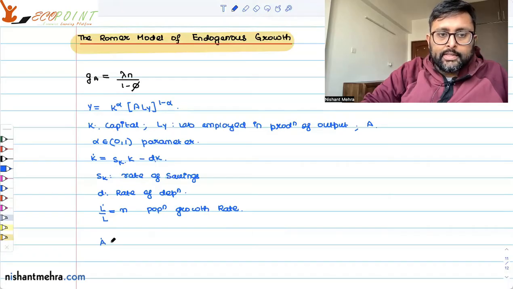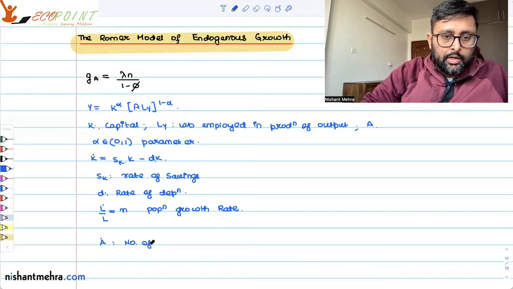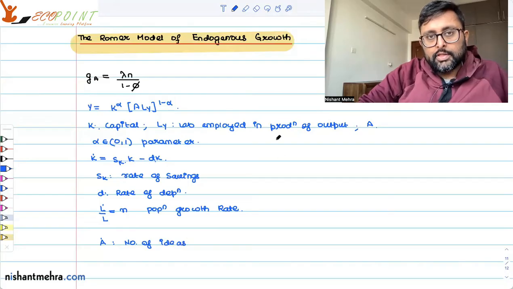A dot is the number of new ideas which are produced, that is the change in the stock of knowledge.